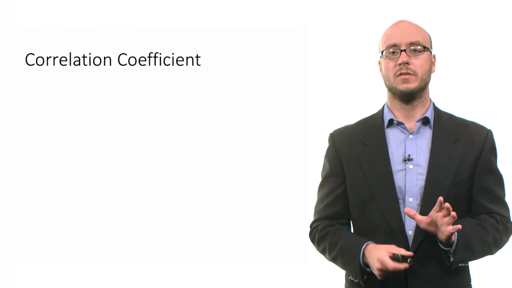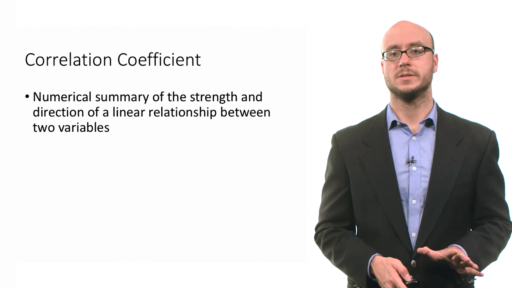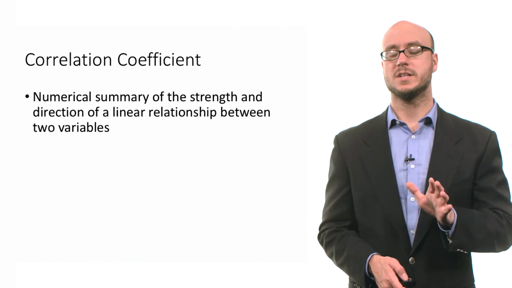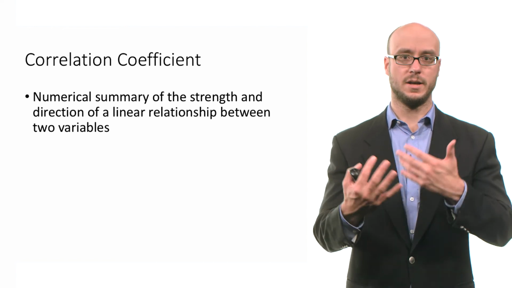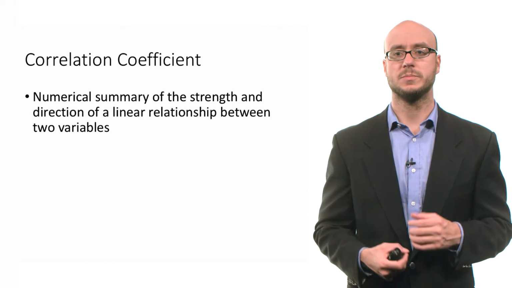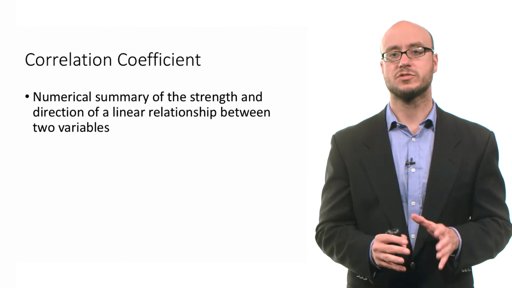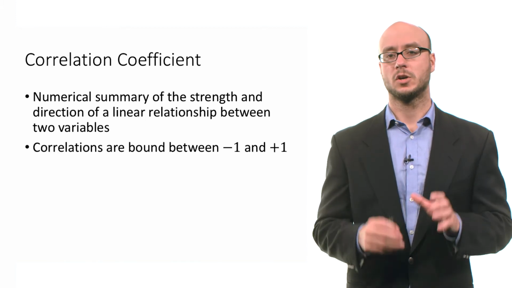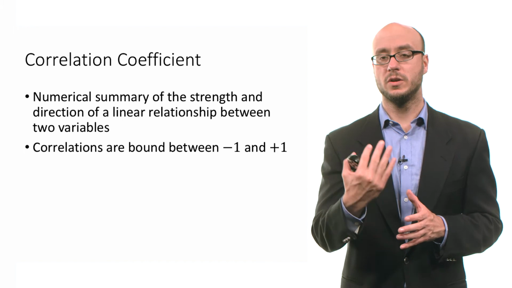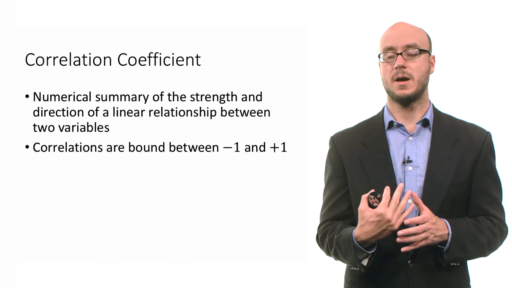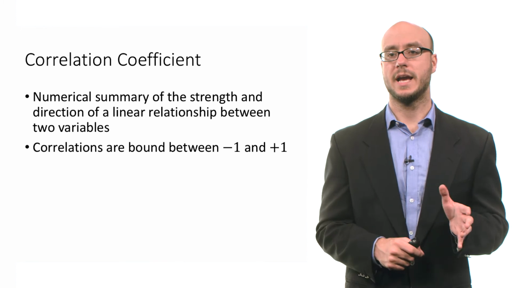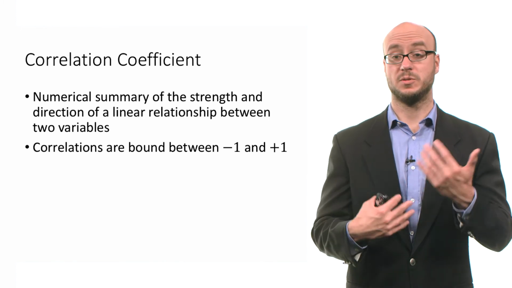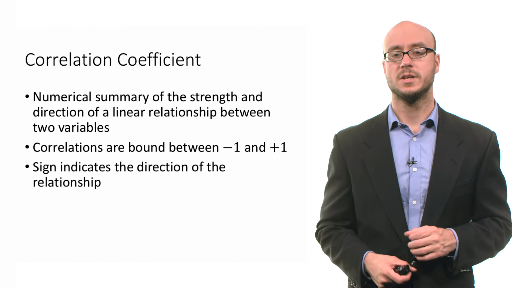The correlation coefficient has some nice properties. First of all, it gives us not only the direction or sign of a linear relationship between two variables, but it also gives us the strength or magnitude. Correlations, because they are unitless, because those units in the numerator and denominator cancel each other out, are bounded between -1 and +1 as a result of dividing by these standard deviations.